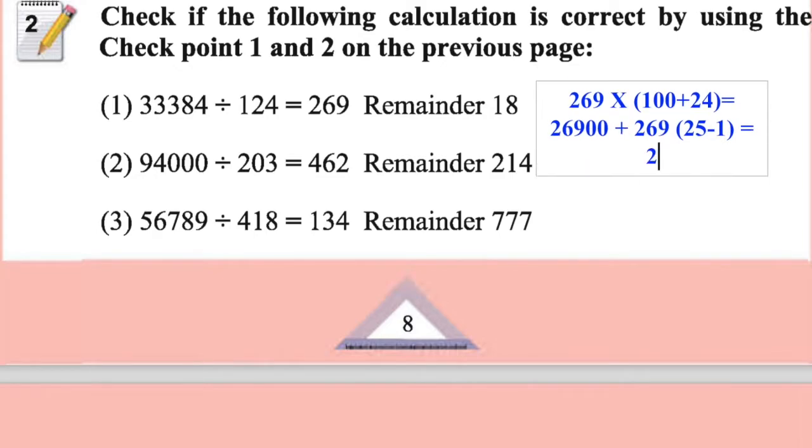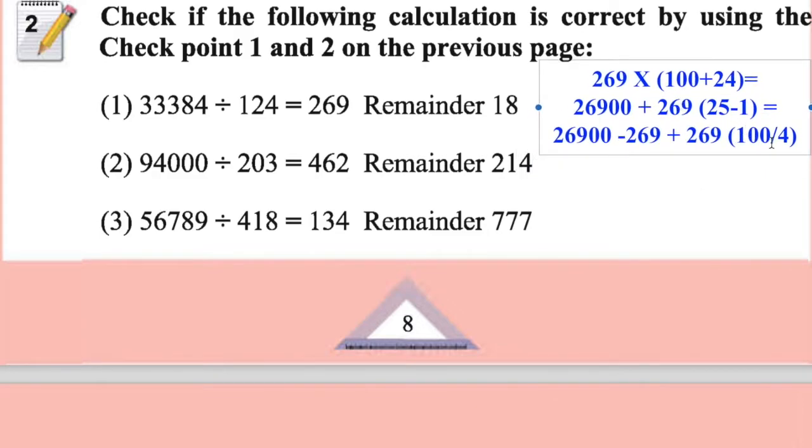Okay, again equal to 26900, plus, minus 269. The last digit I am writing here, this multiplication, plus 269 into 25. Instead of 25 I can take it as 100 by 4, right? Is that fine? Now remove 269 from 26,900.